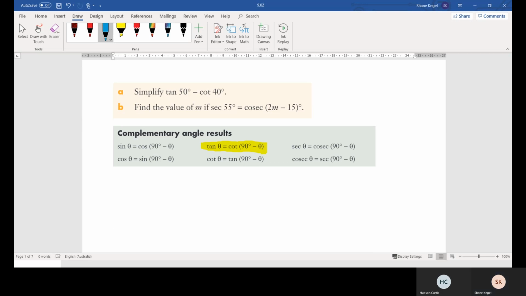So let's use the fact that we know tan theta is the same as cot 90 minus theta.